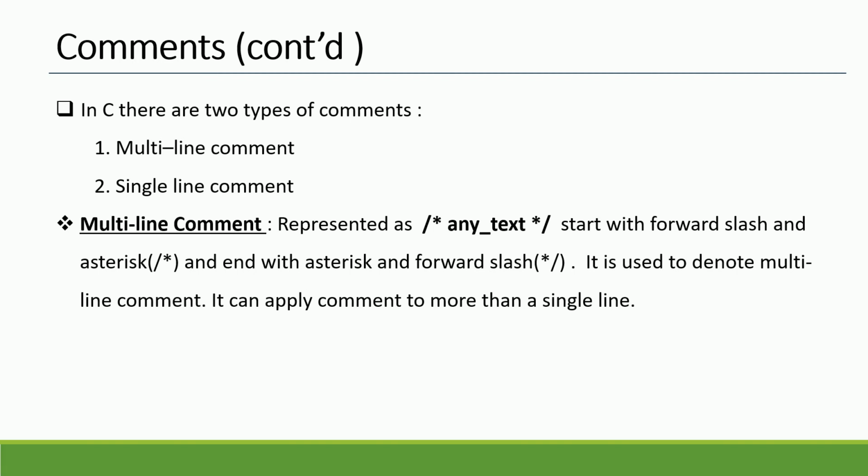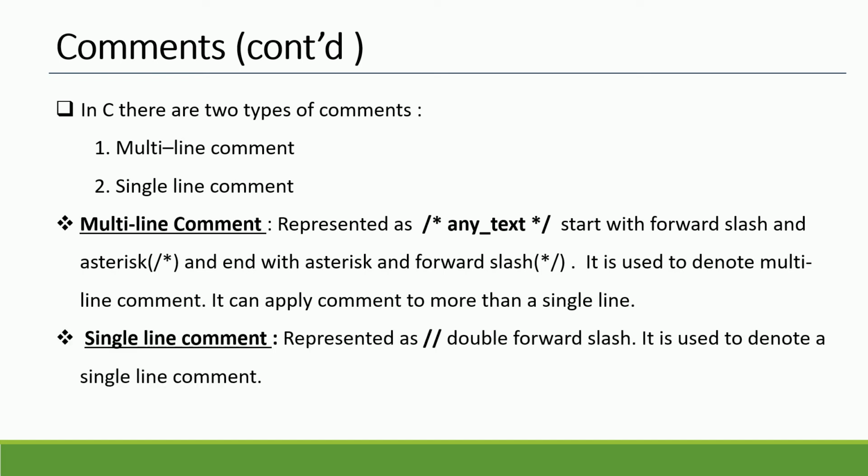As the name suggests, multi-line comments are used to comment many lines. So anything between the slash-star and the ending star-slash is considered a comment. The other way is the single-line comment. Single-line comments begin with a double forward slash, and anything after the two forward slashes is considered a comment.